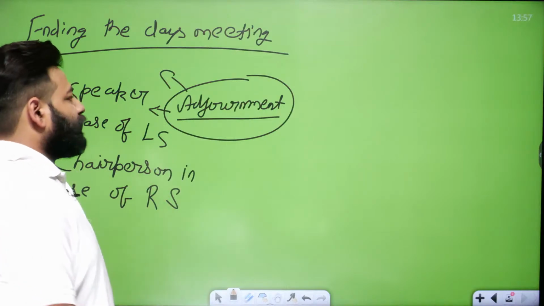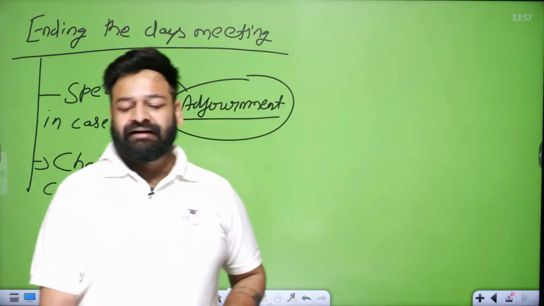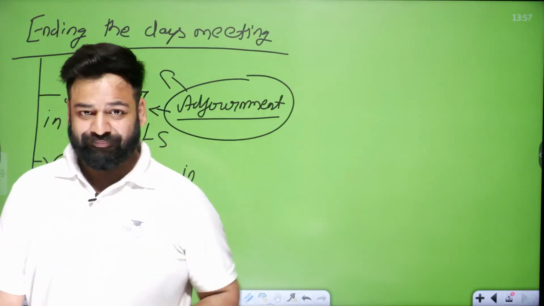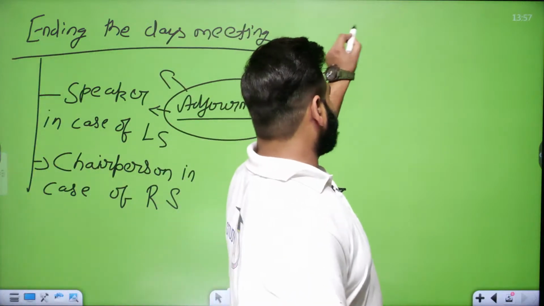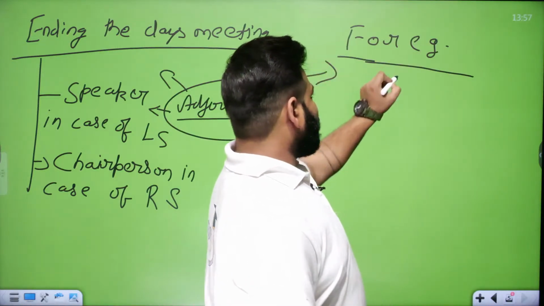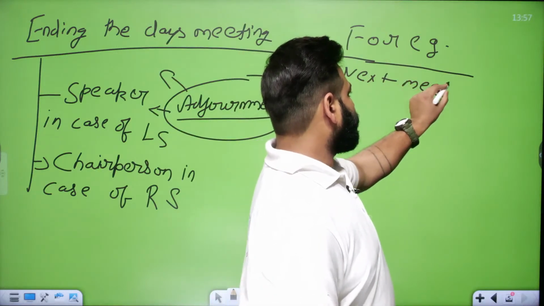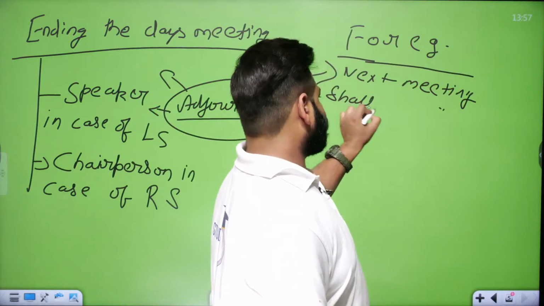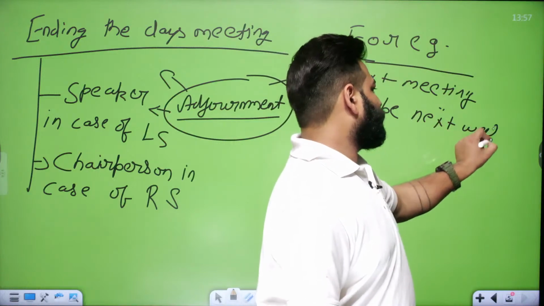When the meeting has ended with a specified time of the next meeting, that is known as adjournment. For example, the speaker has said that the next meeting shall be there next week Sunday.